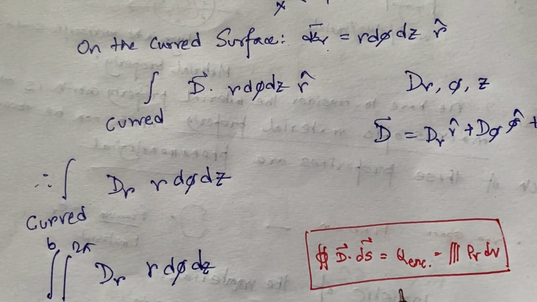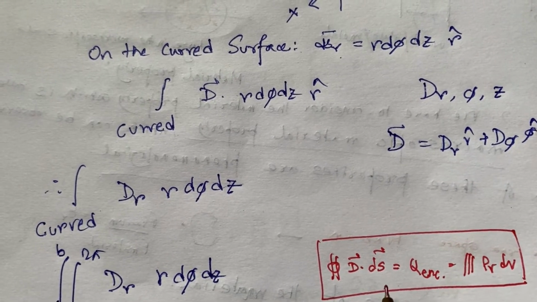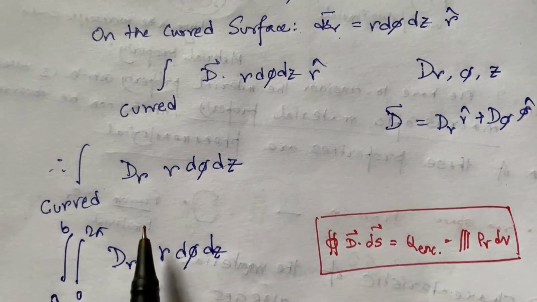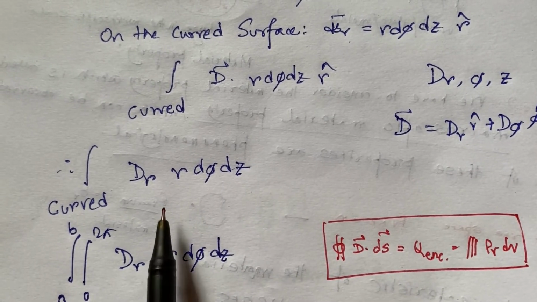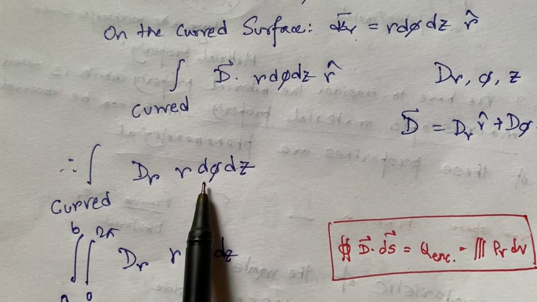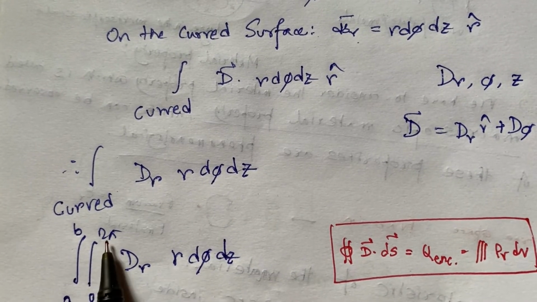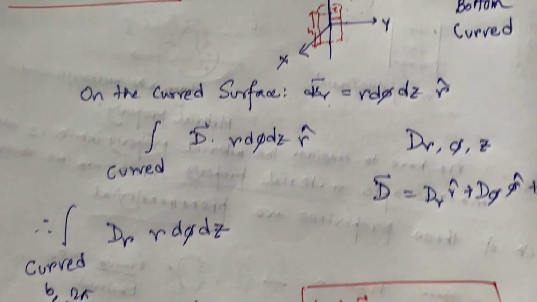This is the Gaussian law, which I have just written again here for convenience. Now, for a constant value of r, dr is of course constant. d phi can vary from 0 to 2 pi, whereas dz can vary from a to b.